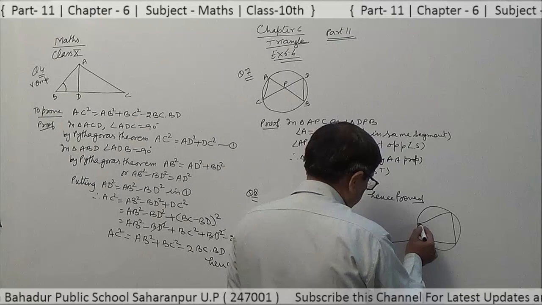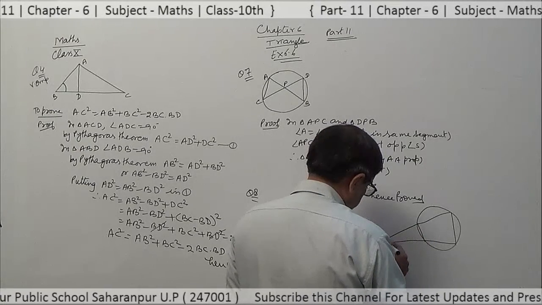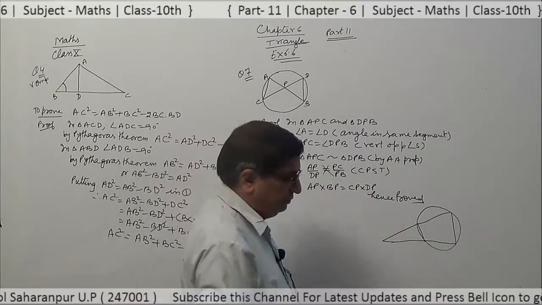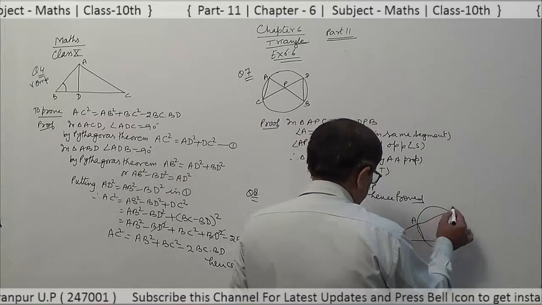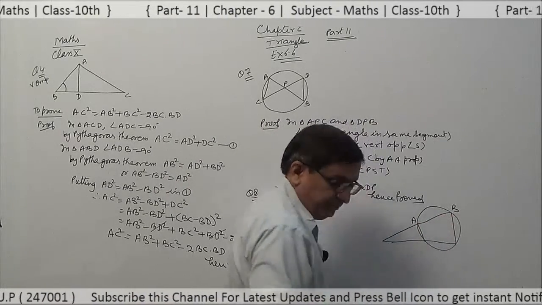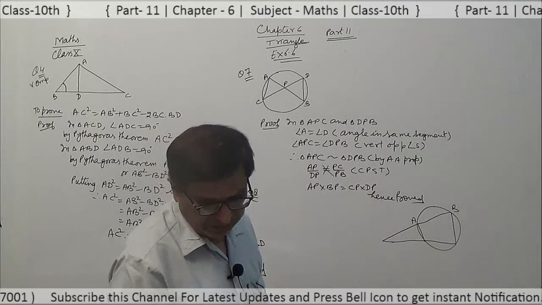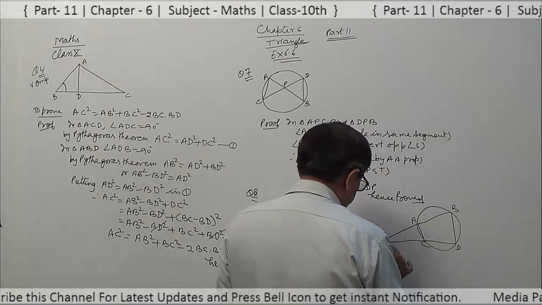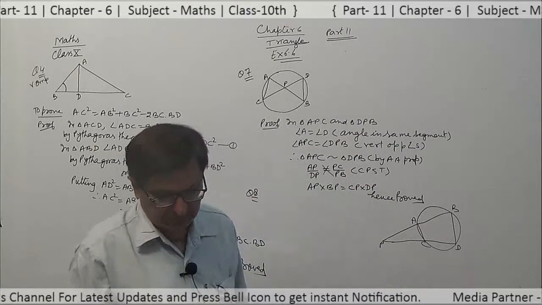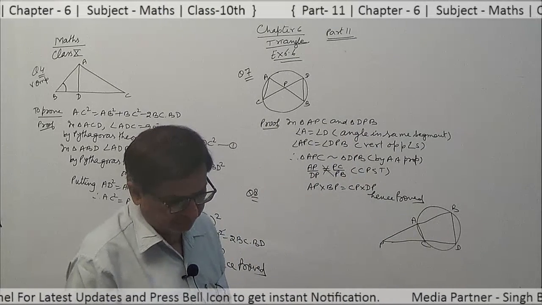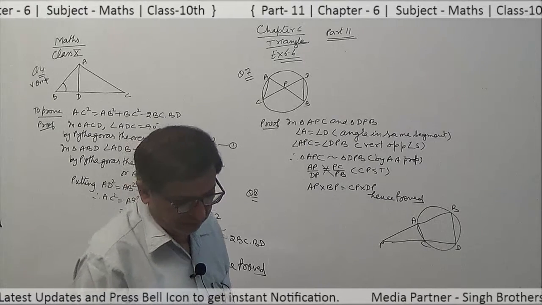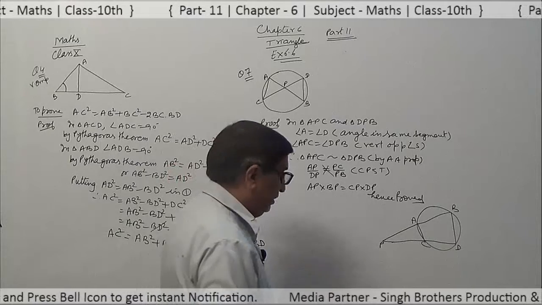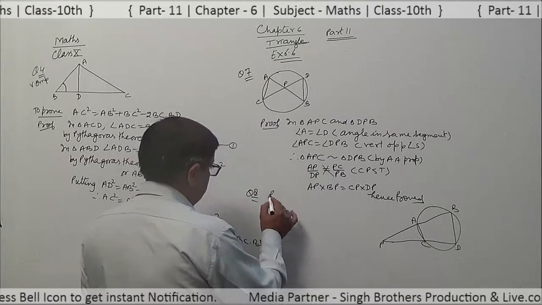These sides intersect at a point P. A, B, C, D are the two chords intersecting at a point P. Prove that in the same way PAC is similar to PDB. Let's see the proof.